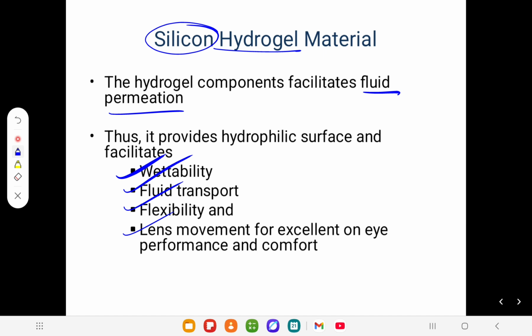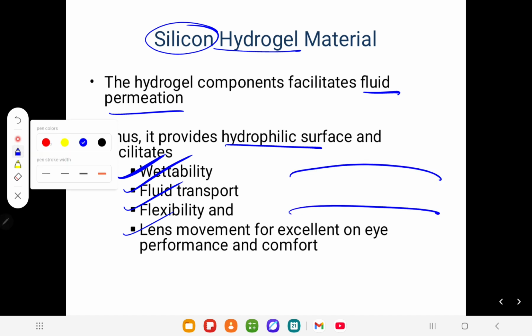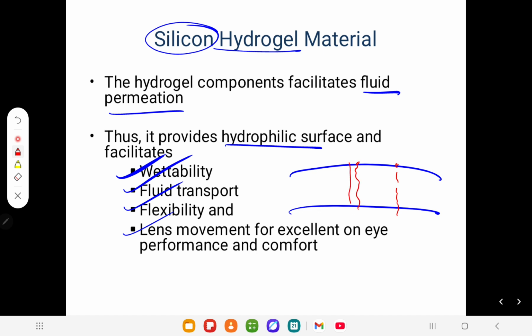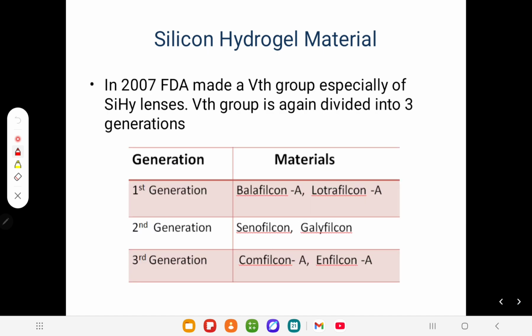So the hydrophilic surface, the hydrogel component, will make sure that the contact lens passes, for example, suppose this is the contact lens and this is a water molecule, the water molecule passes from anterior to posterior, and at the same time ions pass from anterior to posterior and posterior to anterior. Then it will be better for lens movement, and the lens does not get stuck on the cornea. I think I have made my point clear.